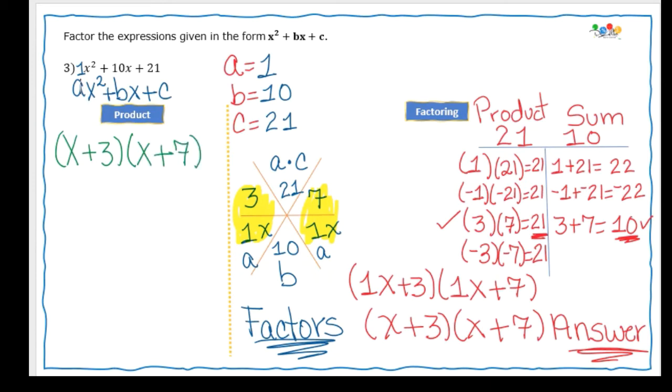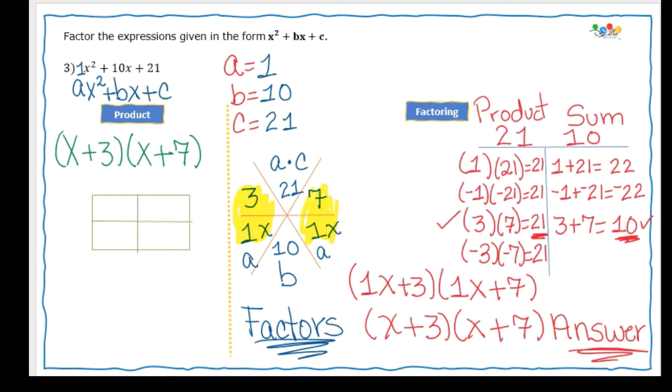I'm going to multiply them, and I need to make sure that I come back and double check that I do get my original problem. For that, I'm going to use a box. Let's see if you remember what I mean by a box, and let me draw the box for you.